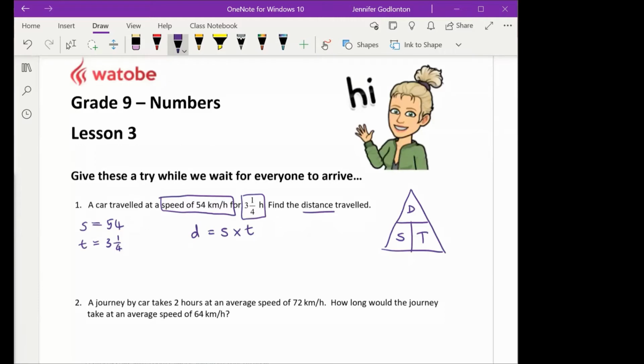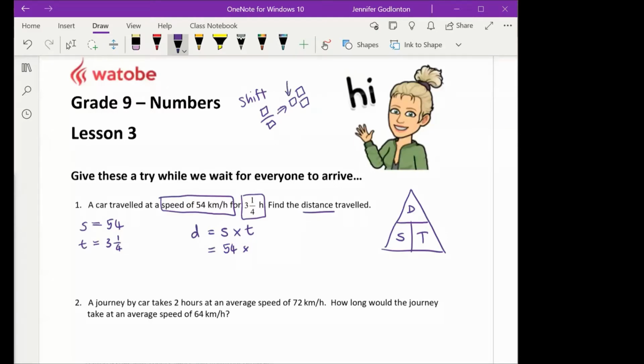Speed times time. Excellent. Okay, so now you could write that just as the fraction as it is. You just need to be careful on your calculator. So the first thing is we know our speed is 54. And then when we're working with time, if you're using your calculator, you have to push the shift key before you push the fraction key. And if you do that, you will see you land up getting 3 little squares.